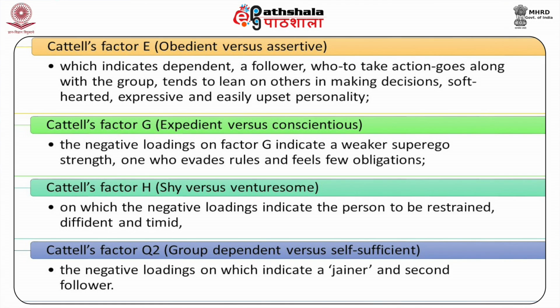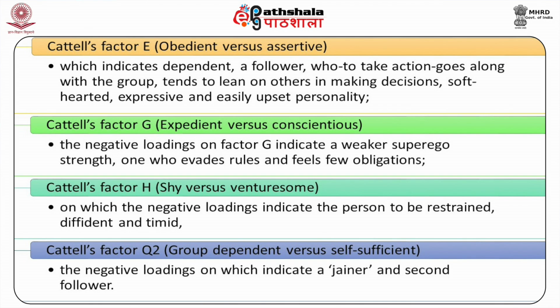Cattell's factor G, expedient versus conscientious, the negative loadings on factor G indicate a weaker superego strength, one who evades rules and feels few obligations.